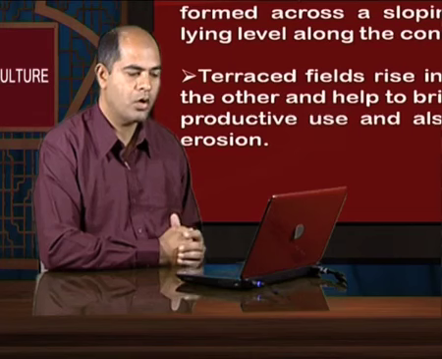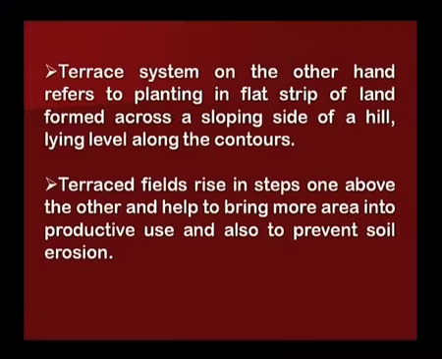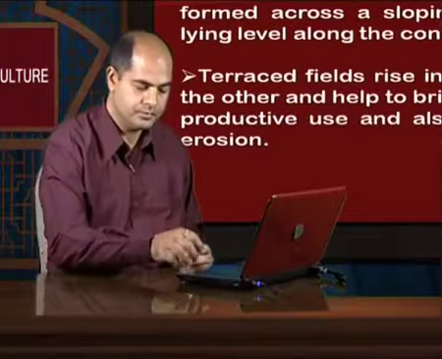Terrace system, on the other hand, refers to planting on flat strips of land formed across a sloping side of a hill lying level along the contours. Terraced fields rise in steps one above the other and help to bring more area into productive use and also to prevent soil erosion.